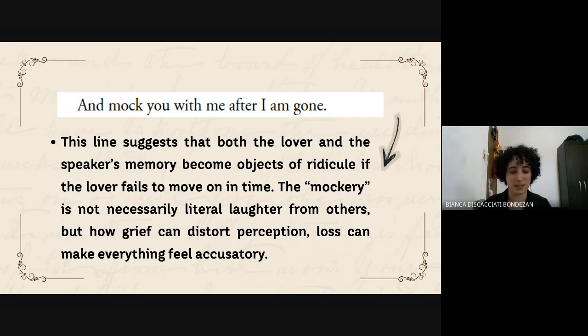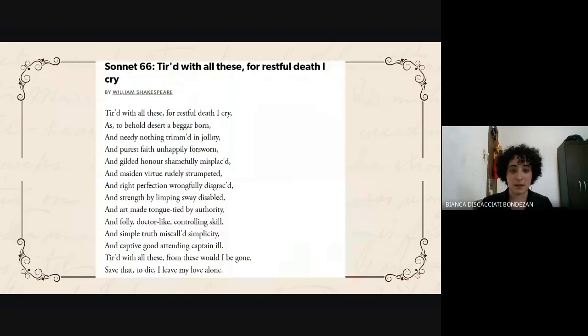I'm not sure if that's how I pronounce it. So is the lover necessarily going to be judged? I don't know, but they may feel like it because they are going to feel exposed. Because grief can do that to a person.